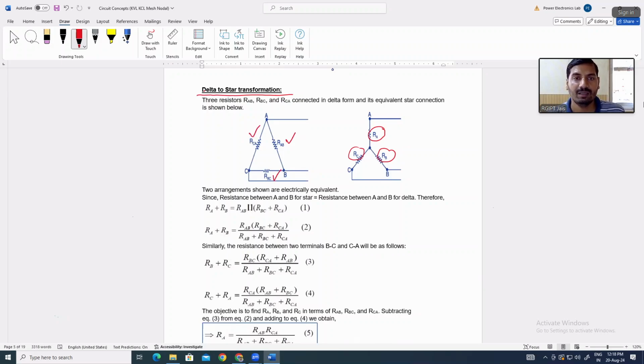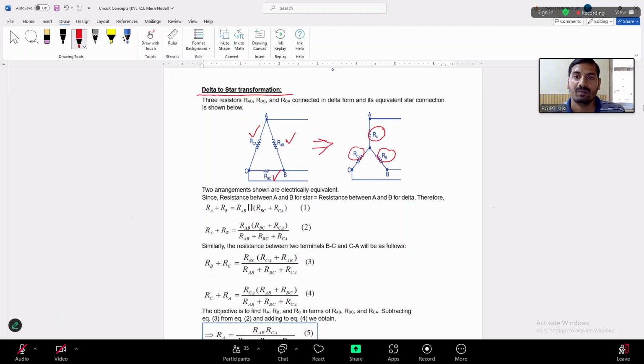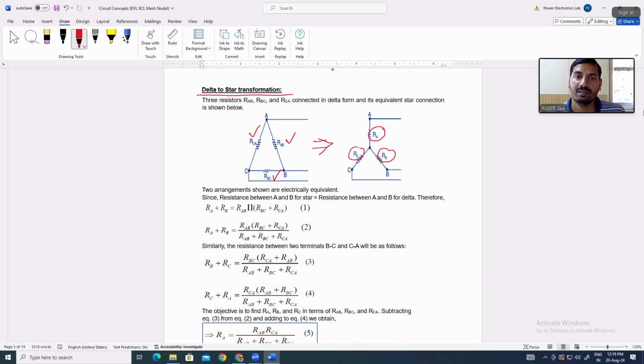You can see that the three terminals are shown here, A, B, and C. The resistance between A and B is RAB, between B and C is RBC, and between C and A is RCA. These are the resistances connected in delta fashion. The same circuit can be converted into a star. We will take the same endpoints A, B, and C, and we will make a common center.